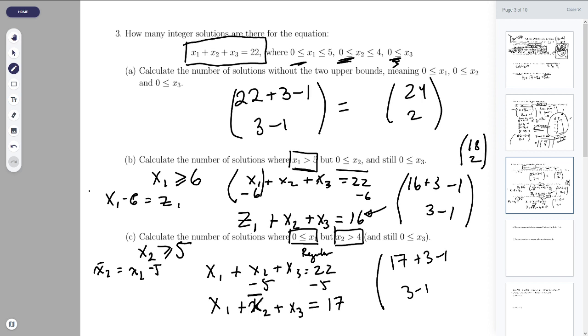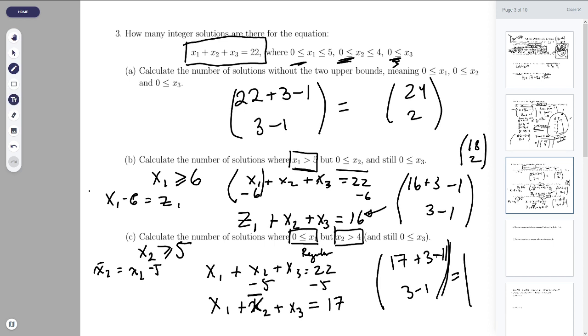So we can say this is 17 plus 3 minus 1, choose 3 minus 1. Whoa. Okay. Let's try that again.